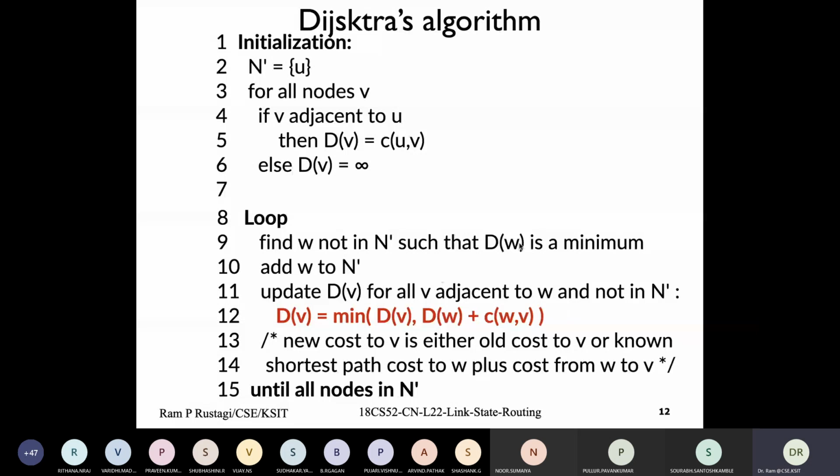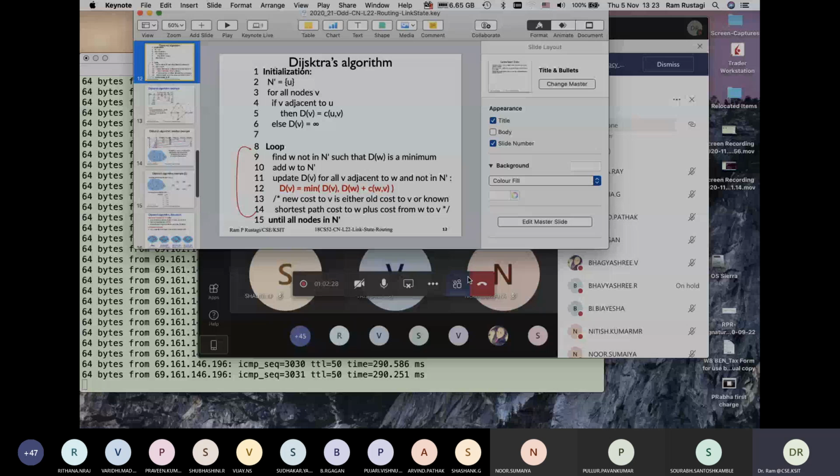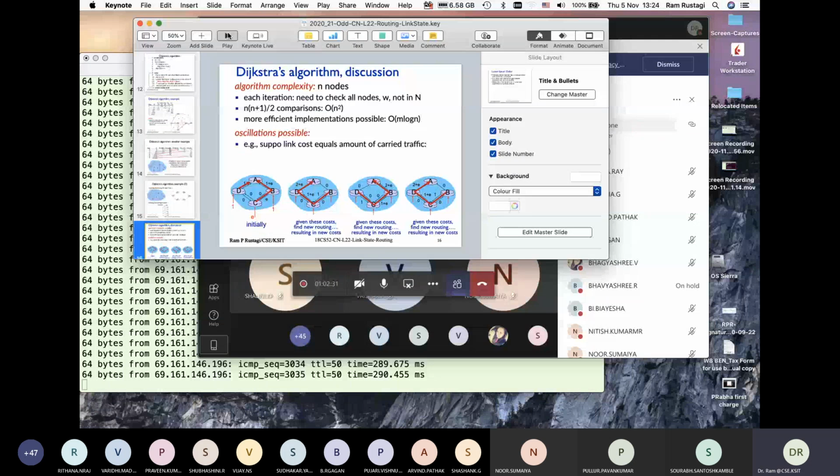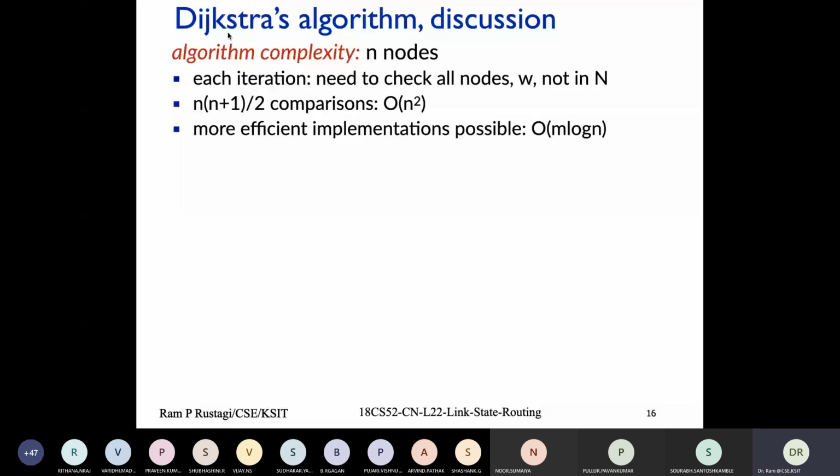Even once I pick a w, for each of the adjacent nodes to w, which could be n nodes, I may be doing again n comparisons. And since I'm running a loop n times, again my time complexity is n square. When you look at Dijkstra's algorithm, time complexity is n square, and that is using an adjacency matrix.